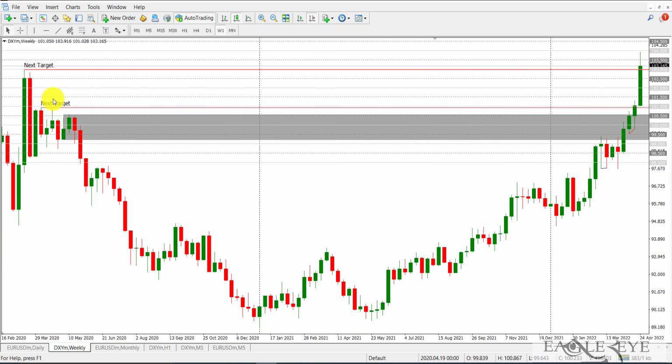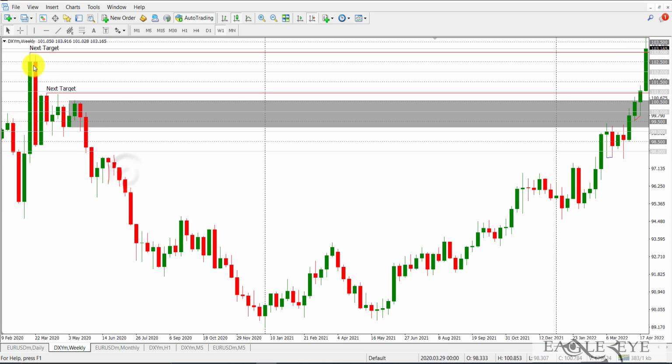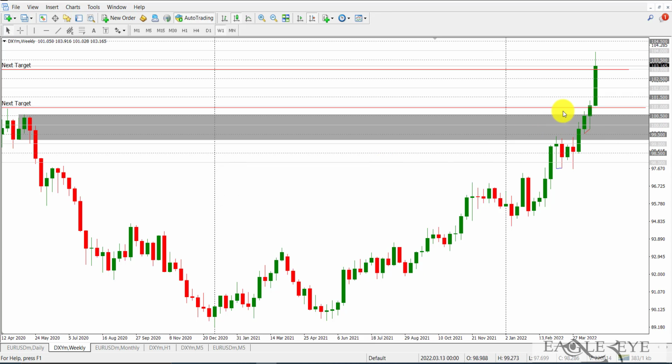We did justice to that target, and this previous week, from 25th to 29th, we actually took out the next targets. So that's how the market has performed.